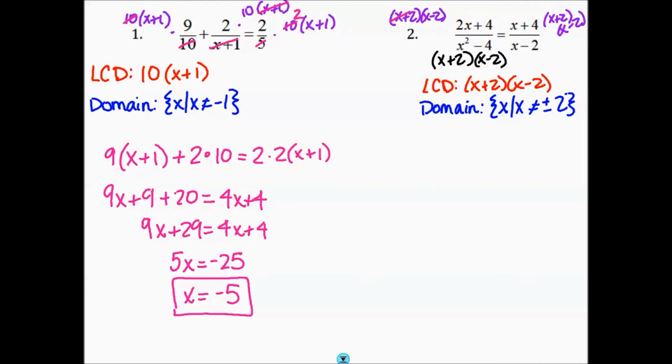So in the first fraction, both the x plus 2 and the x minus 2 cancel, leaving us with just 2x plus 4. And on the right side of the equation, the x minus 2's cancel. So we're left with x plus 4 times x plus 2. Now, to solve, I need to multiply out the right side of the equation.